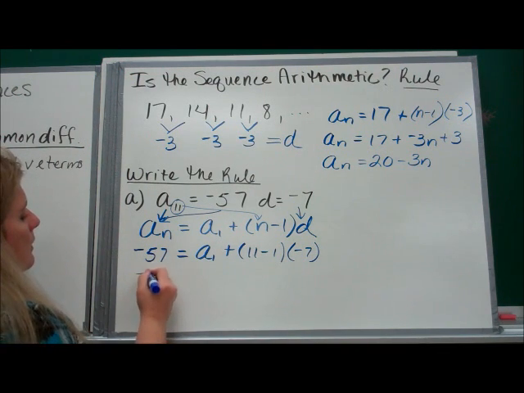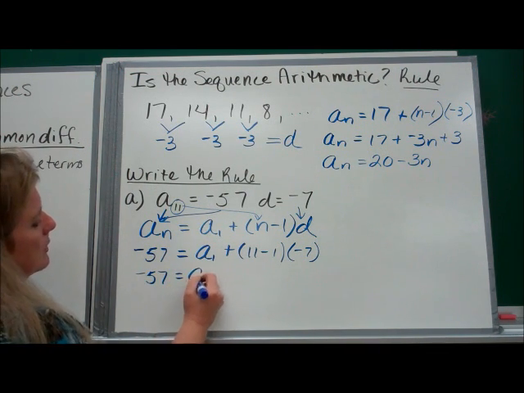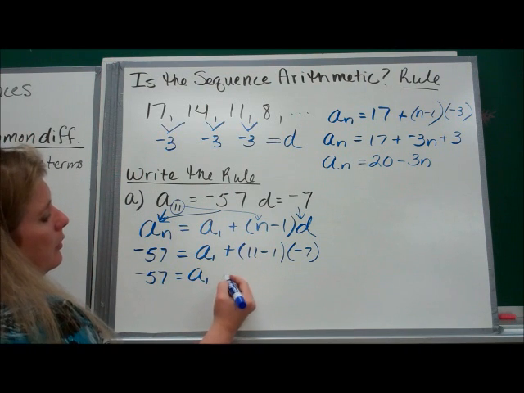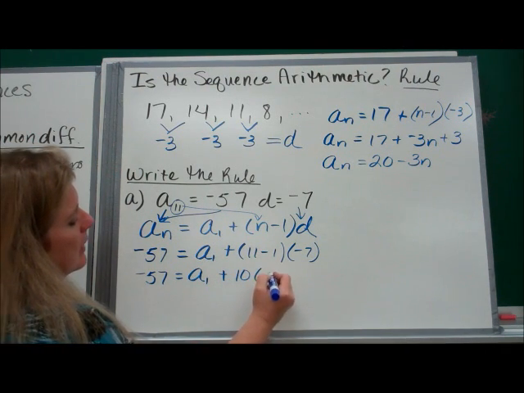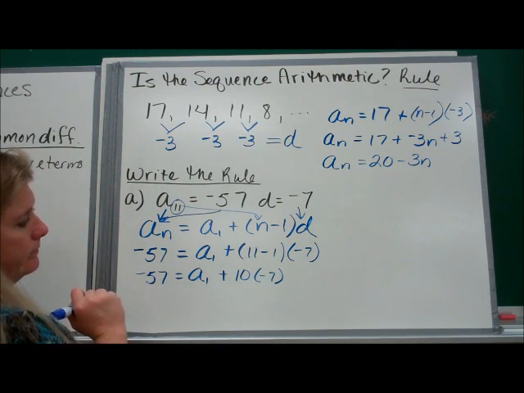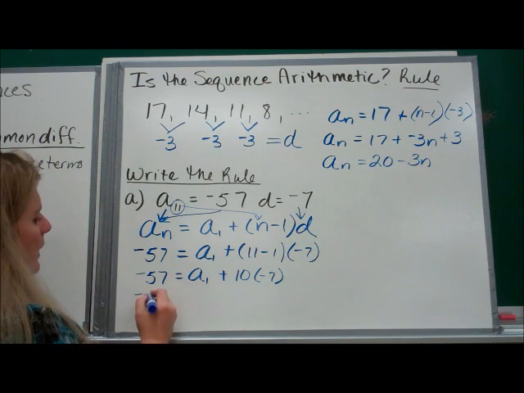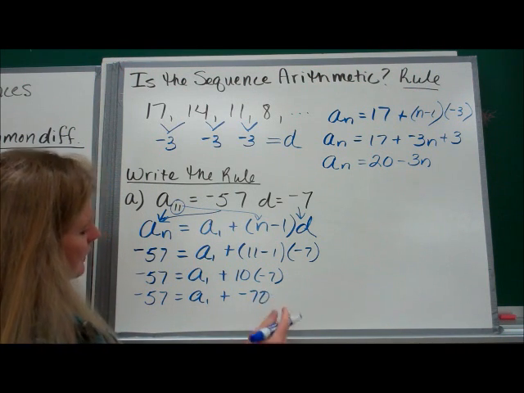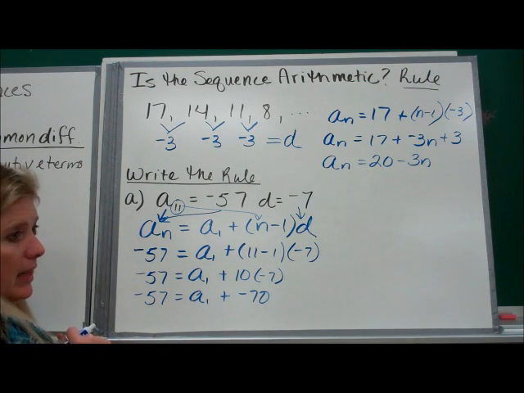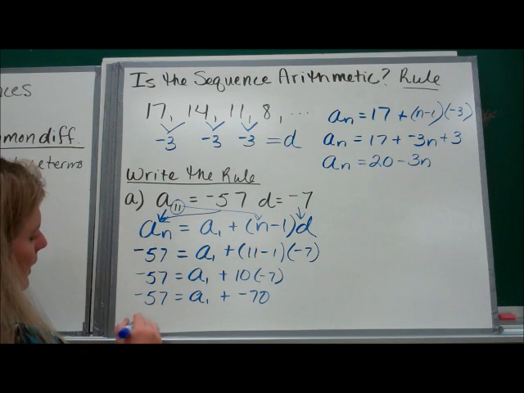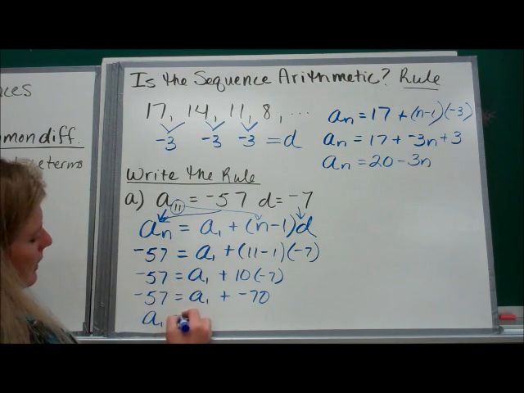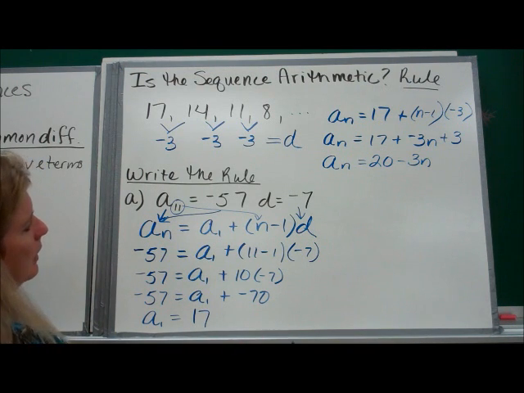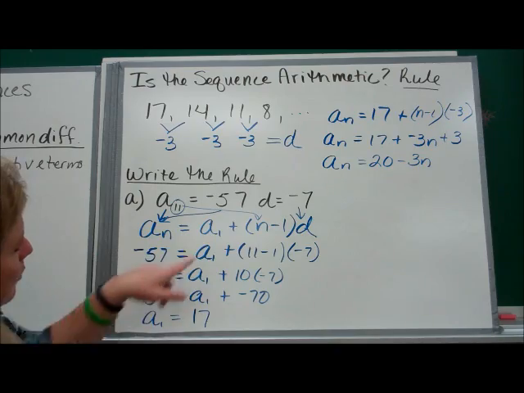Alright, let's do the math. Negative 57 equals a sub 1 plus 10 times negative 7. Negative 57 equals a sub 1 plus negative 70. Add 70 to both sides and we get a sub 1 equals 17. To write the rule, we have the first term and we know d.